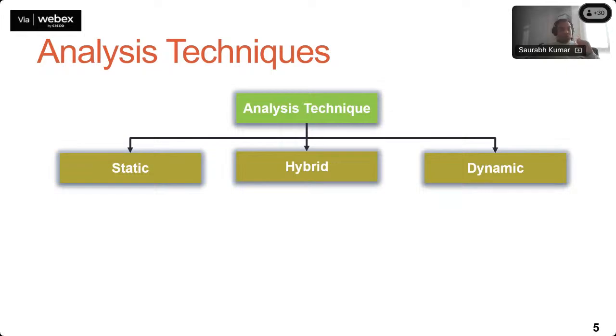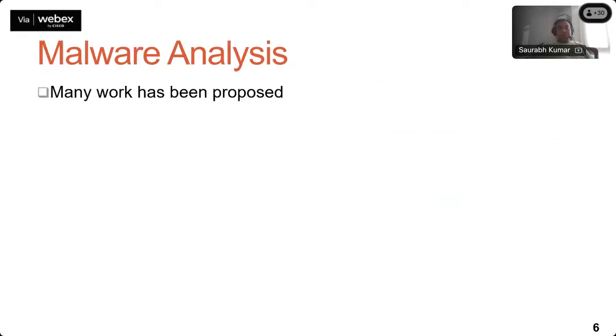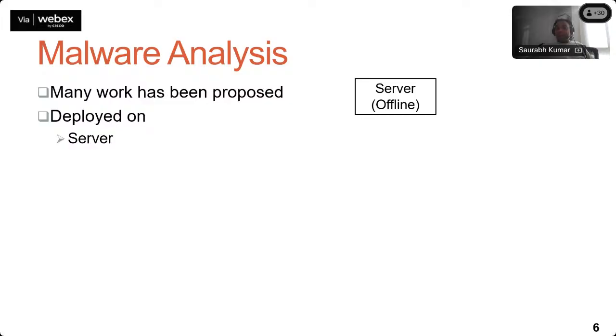Okay. So using these techniques, many malware detection works have been proposed for the Android platform, which can be deployed either on the server side, that is the offline manner. For example, you are deploying this solution on server machines, not on the actual mobile devices, and then you are doing all the analysis offline.